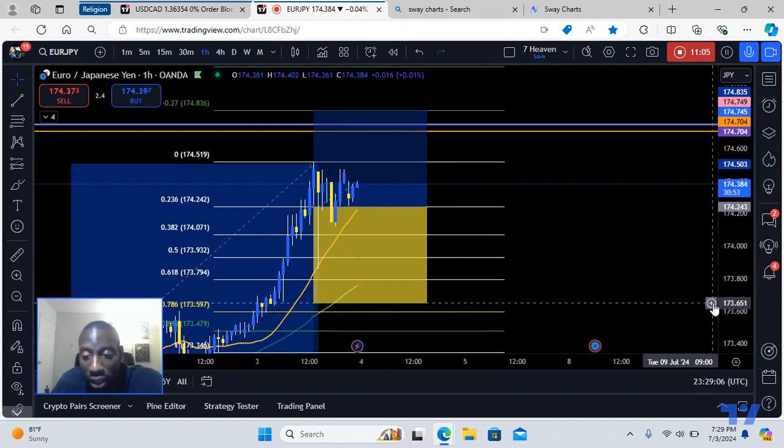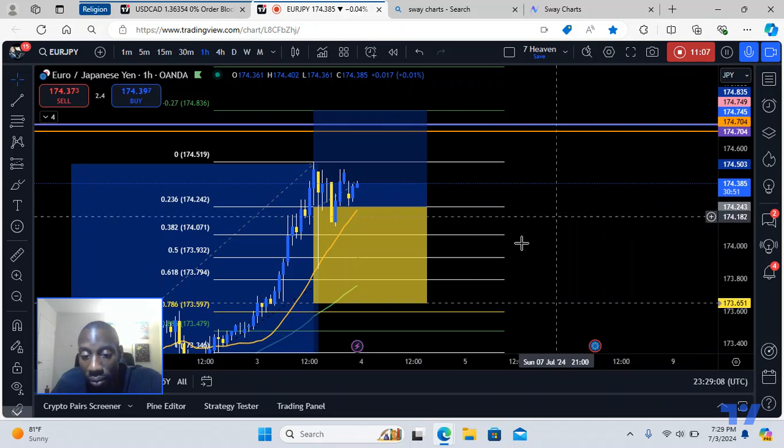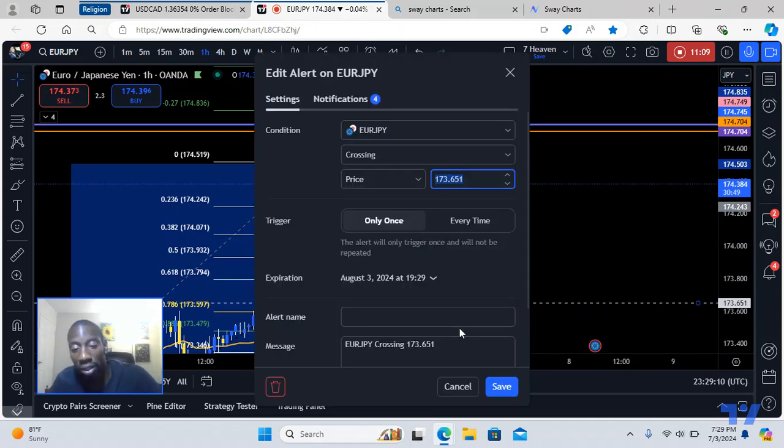So I'll set an alert here. It's not really a stop out to me because I didn't enter on that trade, right? I'm just setting up the wave and then deleting, because that's the original. Delete.